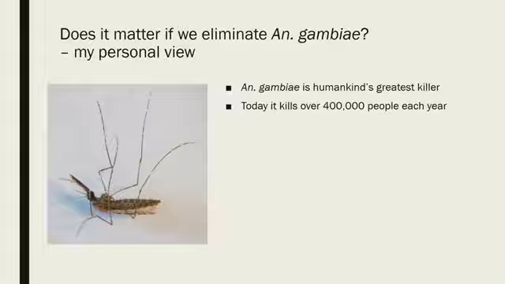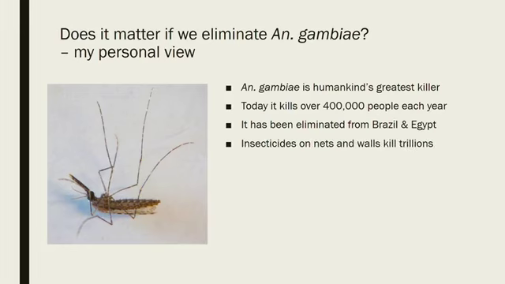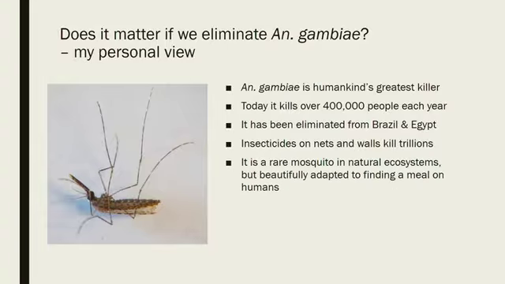Most of those are in Africa, and that's 400,000 too many. We have eliminated mosquitoes from Brazil and Egypt, Anopheles arabiensis. And don't forget that insecticides have been deployed on a massive scale, and we've killed trillions of Anopheles gambiae, and nobody has, as far as I'm concerned, worried too much about that.